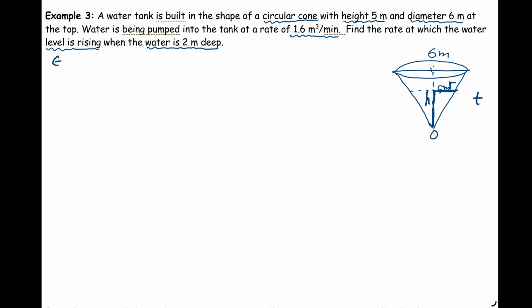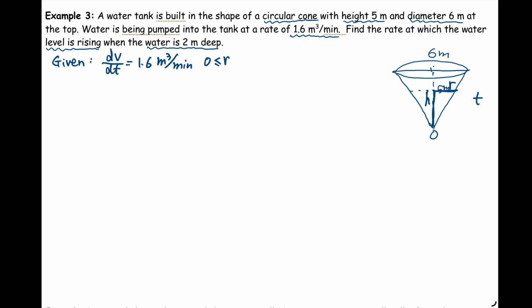So given information, we are going to see the volume for the water is 1.6 meter cubed per minute. And we introduce R, H. R is radius, H is height. You can see it from the diagram, so we don't have to re-indicate them. And this one is kind of like the domain.